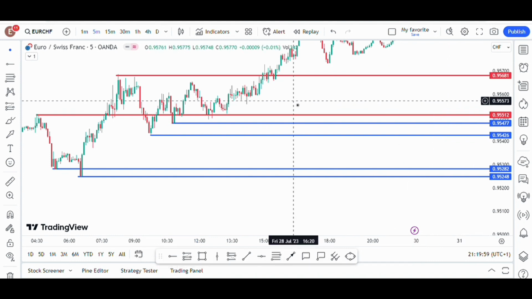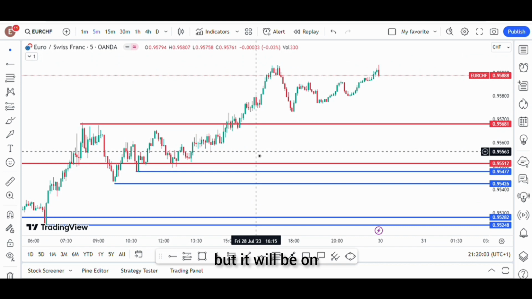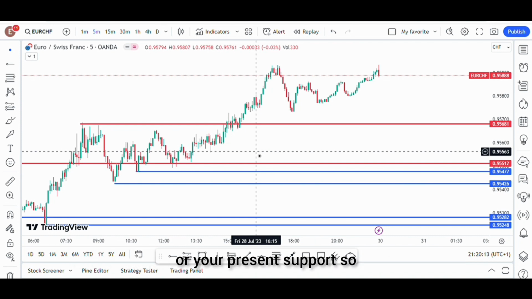Now, I believe our next topic will be on how the previous resistance or the previous support can turn into your present support or present resistance.